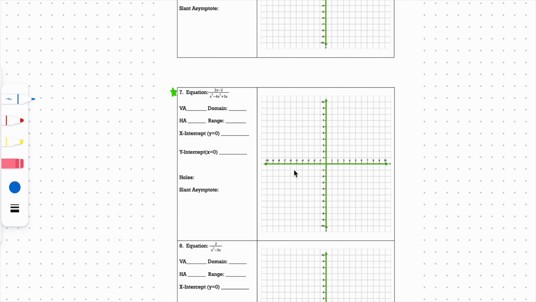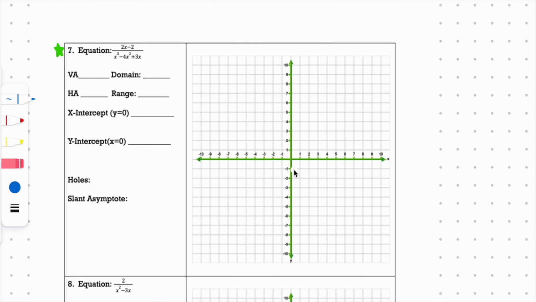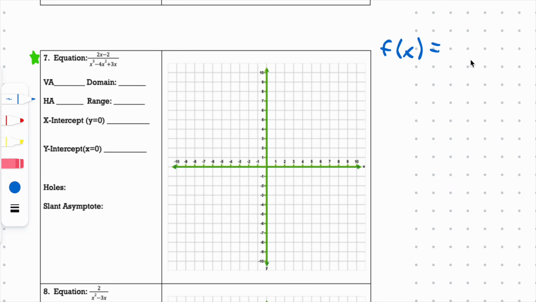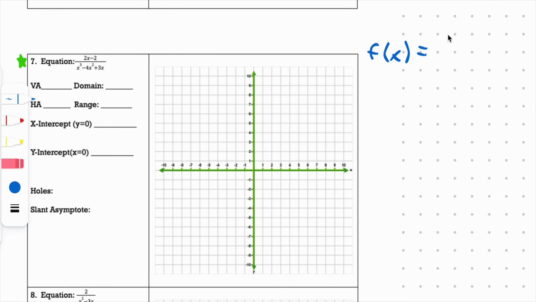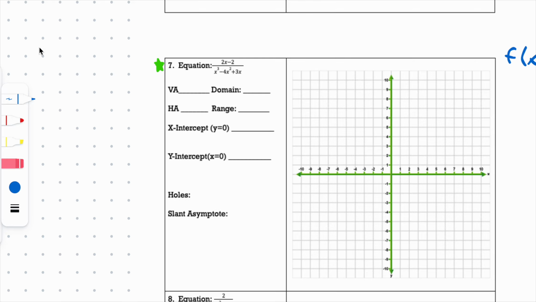But I'm going to do number 7, and we're going to try this. Okay, so I'm going to call this f of x again. And first thing we want to do is factor. So we want to factor out a 2 out of the top. So we're going to have 2 times x minus 1. And then we're going to try to factor our denominator. First thing I see is we can factor out an x.